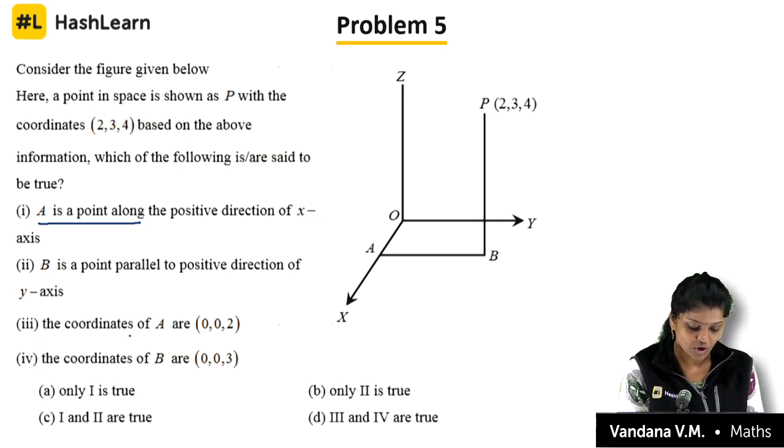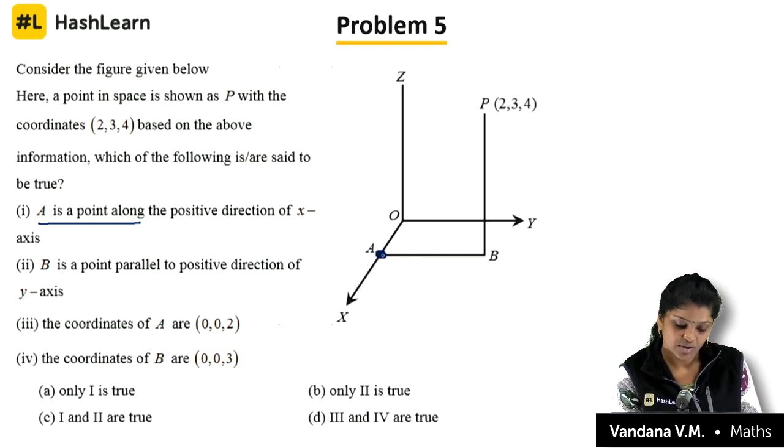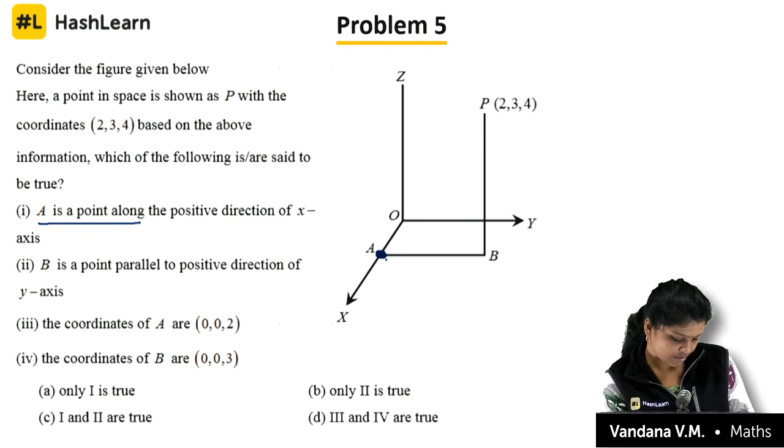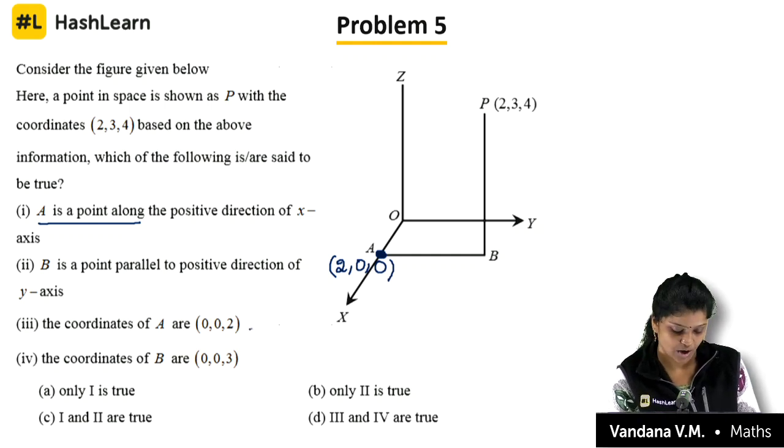Tell me, the coordinates of A are 0, 0, 2. So, where is that? How will you represent this? Actually, this is on the x-axis, so it should be 2, 0, 0. But they gave 0, 0, 2, so it is false.